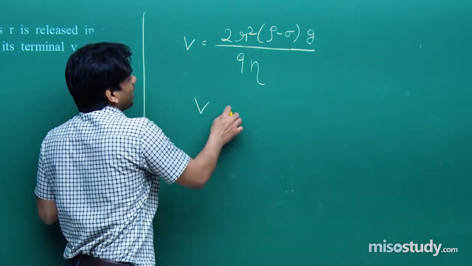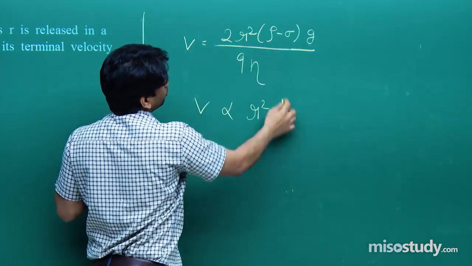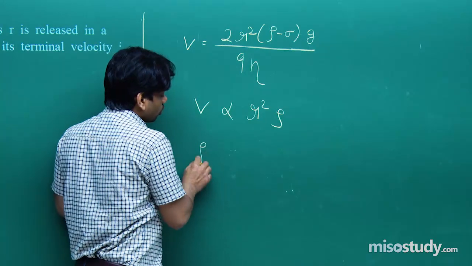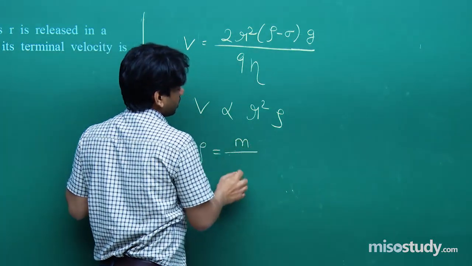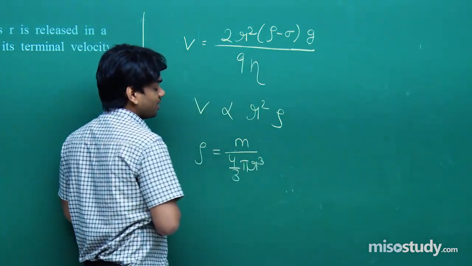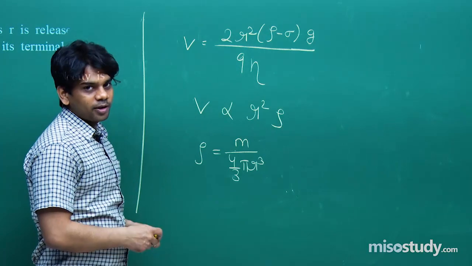Now velocity we can write as proportional to r square, and here you see there's also rho given. Now what is rho? Rho is mass per unit volume, and volume will be 4 by 3 pi r cube. So we can write rho is proportional to m upon r cube.